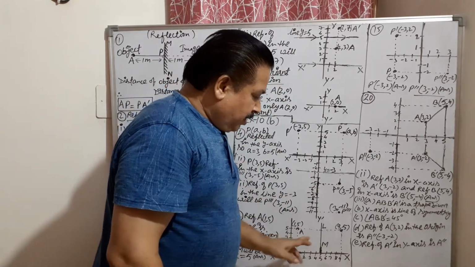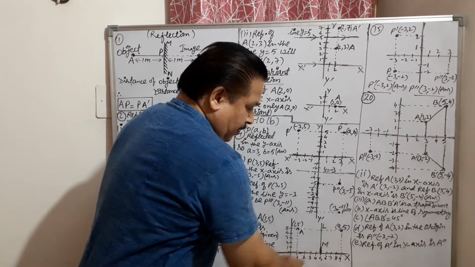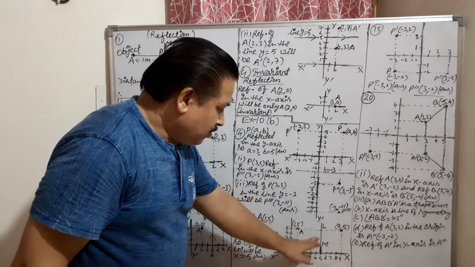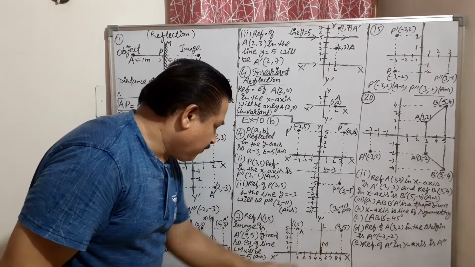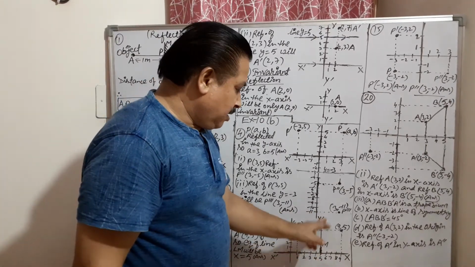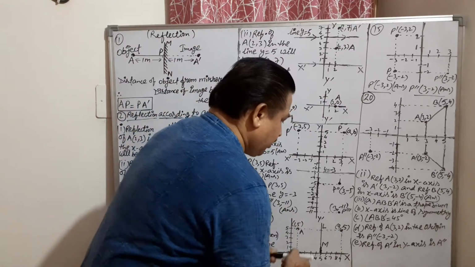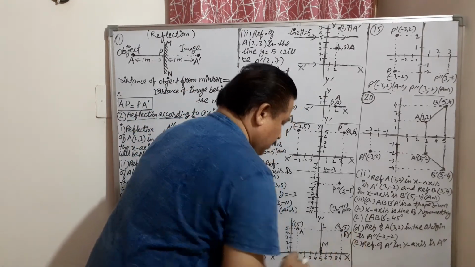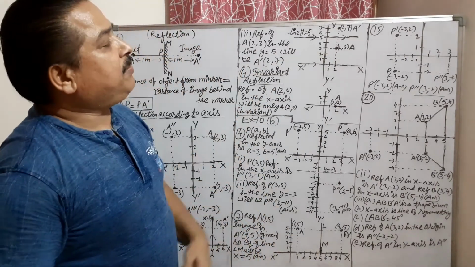Take a straight line just between them. It is going at 5 on the x-axis. So this mediator line equation will be x is equal to 5. So this is the midway of A and this point A dash. So x is equal to 5. Answer.